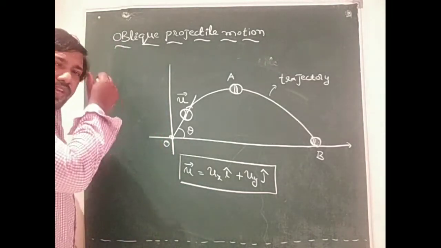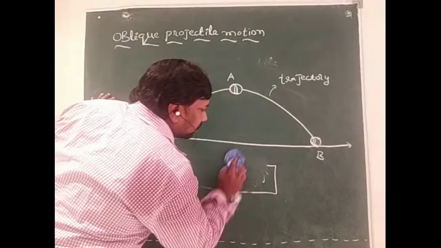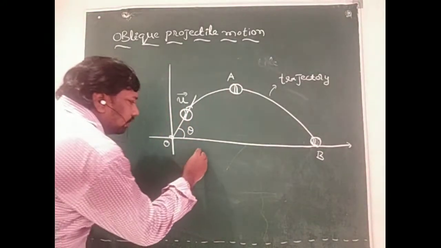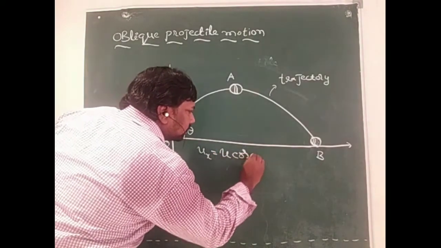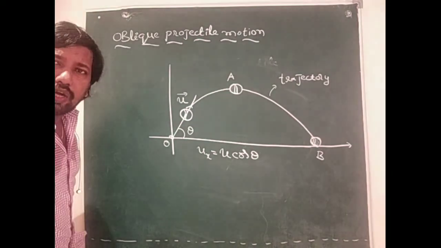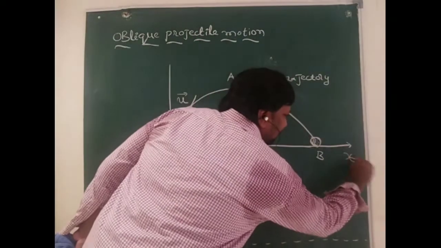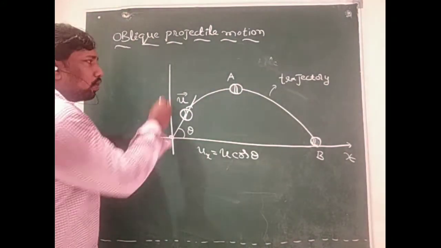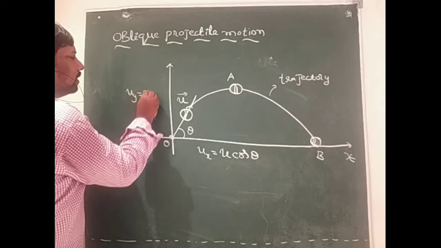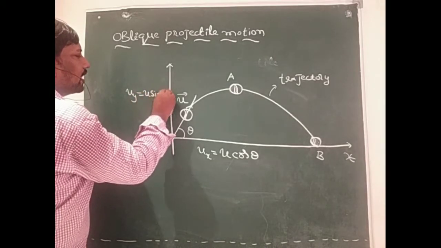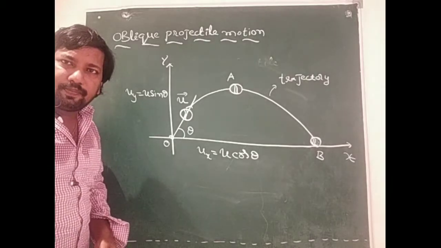So ux means u cos theta. It is the horizontal component of velocity along the x-axis, and the vertical component of velocity is u sin theta along the vertical direction, the y-axis.